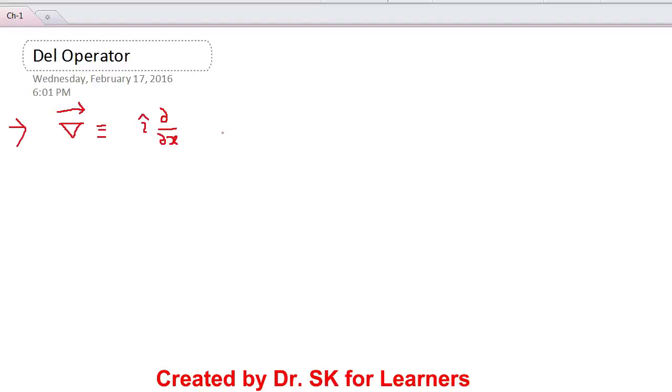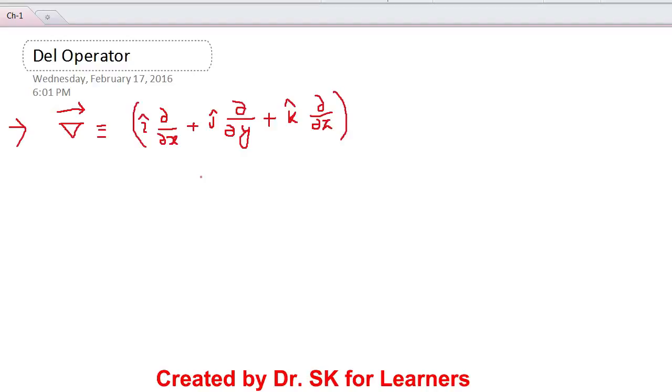I'll just introduce those things soon. Plus j cap is the unit vector towards y-axis, and that is why you are partially differentiating with del y. And then the third quantity is k cap, and you write del by del z. So this is the expanded form of the del operator.